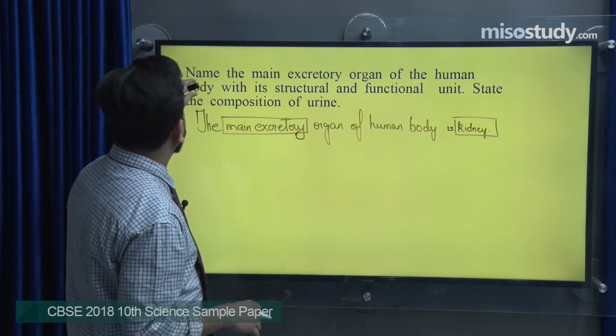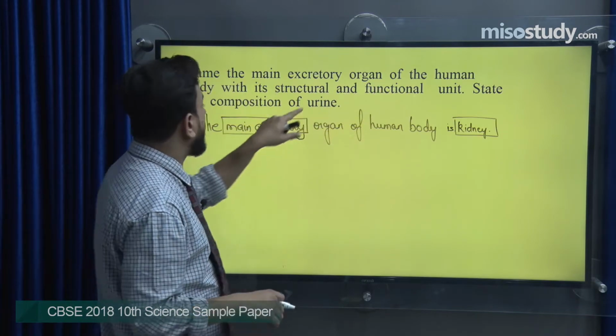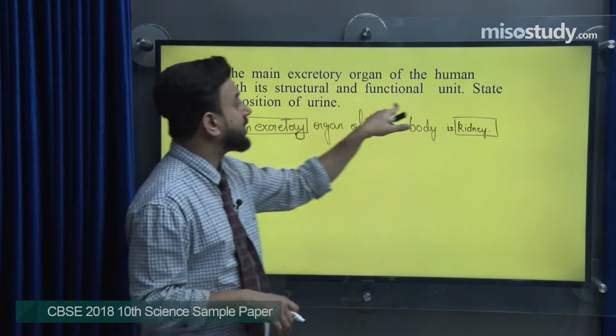Then name the main excretory organ of the human body, which we have already named, with its structural and functional unit.